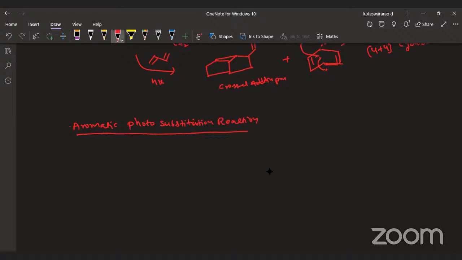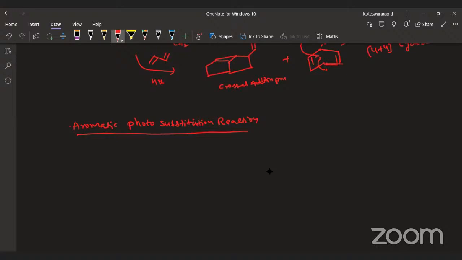We already know that under thermal condition, benzenes or benzenoid compounds mostly undergo electrophilic substitution reaction. That is a general characteristic property of aromatic compounds. In contrast, the great majority of photo substitution reactions on benzene derivatives are nucleophilic. Under thermal condition, it undergoes electrophilic substitution, but under photochemical condition, the majority of the substitution reactions are nucleophilic substitution reactions.